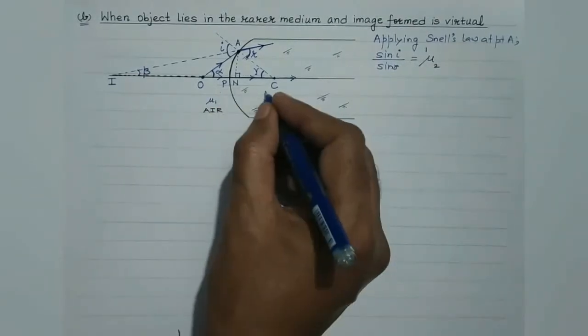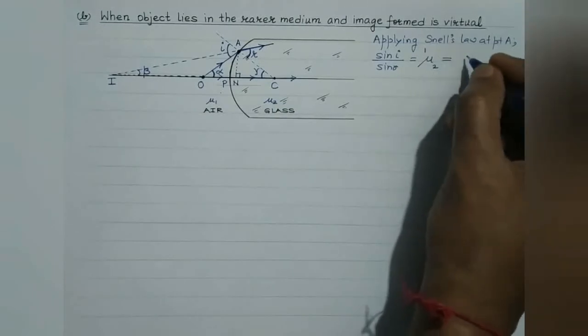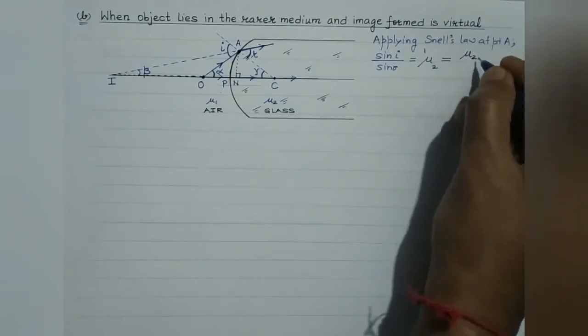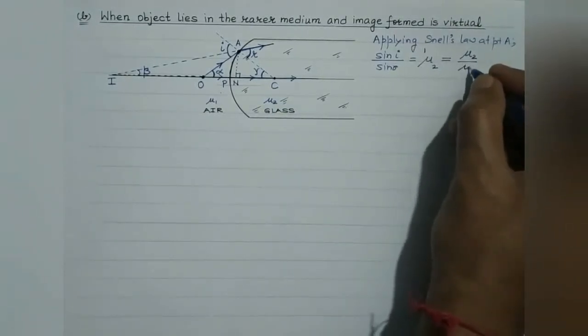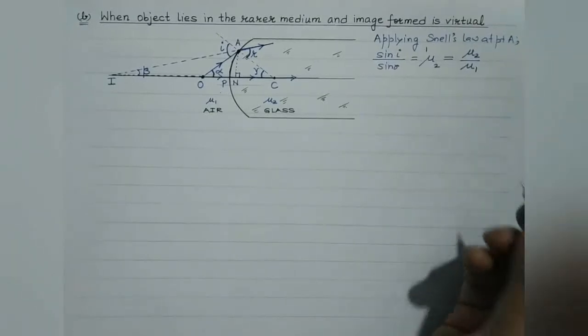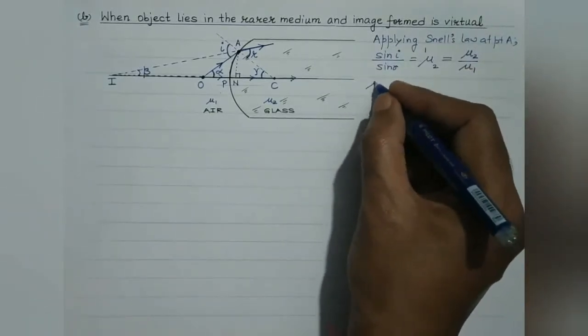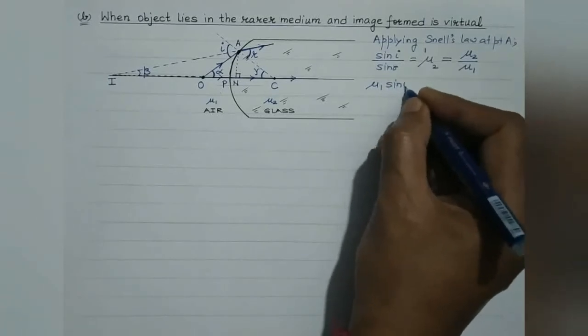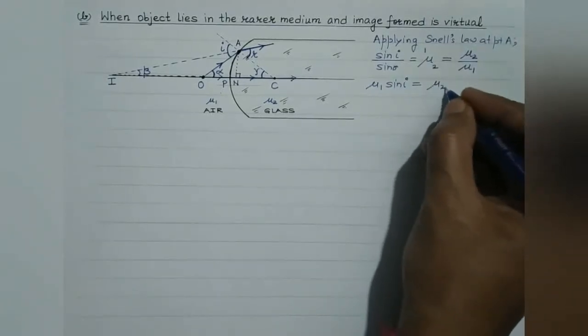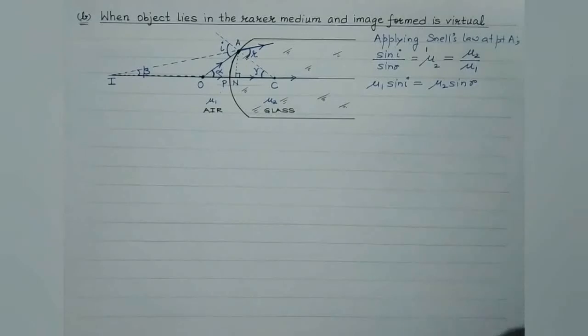This is the first medium, this is the second medium. This in turn would be given by the absolute refractive index of the second medium divided by the absolute refractive index of the first medium. So by cross multiplication we get mu 1 into sin I is equal to mu 2 into sin R.